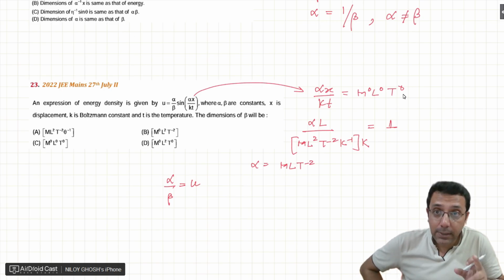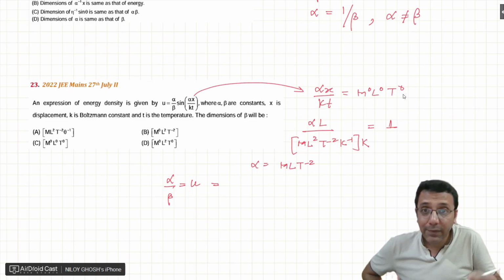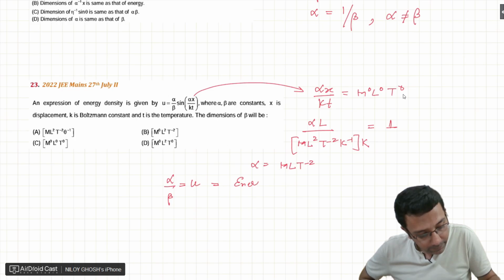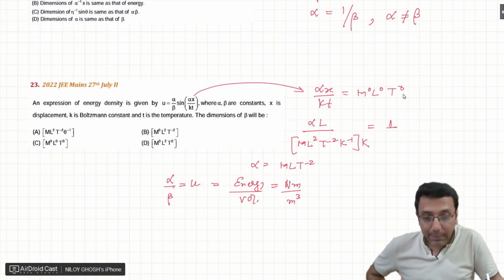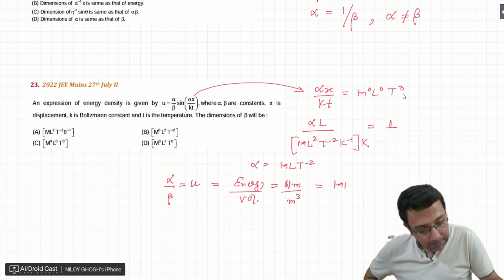That is not dimensionless, which is energy density. So energy per unit volume. So what is the dimension of energy? Energy is Newton meter. So energy per unit volume. So energy is Newton meter divided by meter cube. If you break it down into dimensions, what it turns out? So alpha by beta becomes M L square T minus 2 divided by L cube.